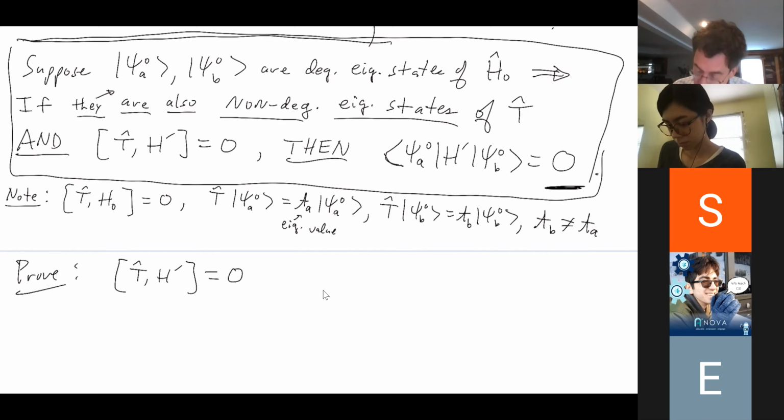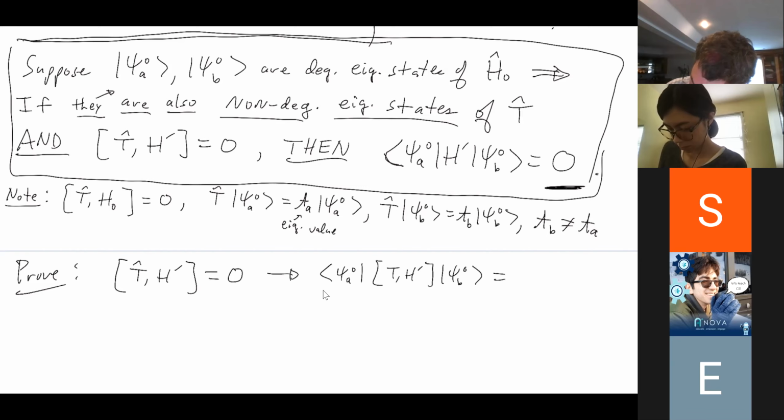And so that means that if I do a left-hand multiplication by psi A and a right-hand multiplication by psi B of both sides of the equation, then it's still an equation. So let's do it. Psi A naught, and you guys have seen these kinds of tricks before, psi B naught equals 0.